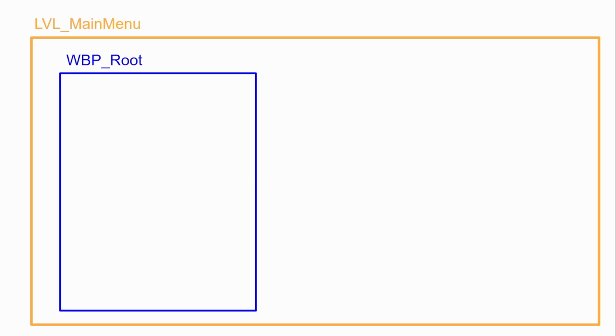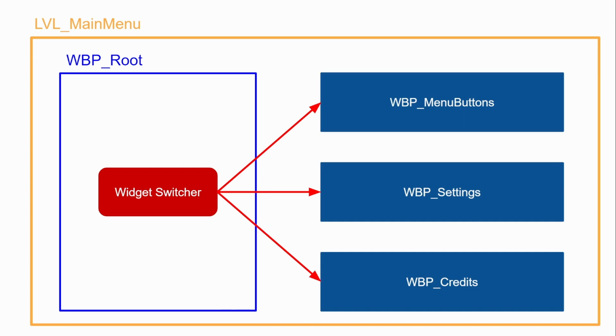So for our main menu example, we will have only one level that will attach a root widget to the viewport. This root widget will have a widget switcher to enable the navigation between the different screens. In this example, we will have a credit screen and a settings screen, as well as the main menu buttons. Each one of those is a separate widget blueprint.